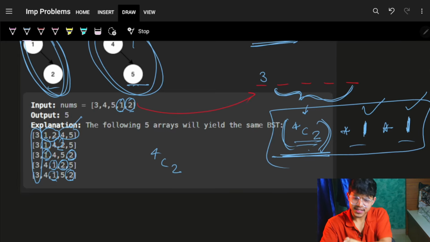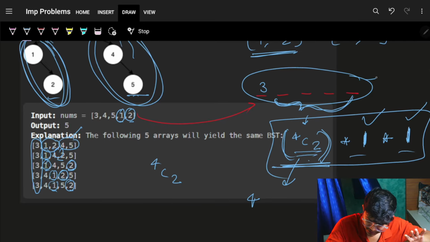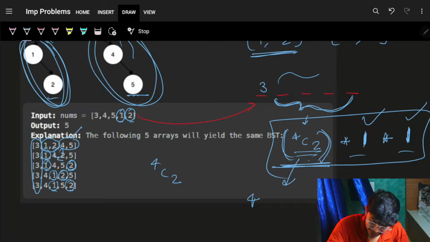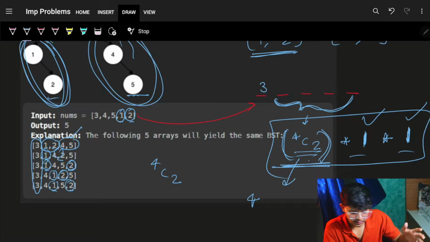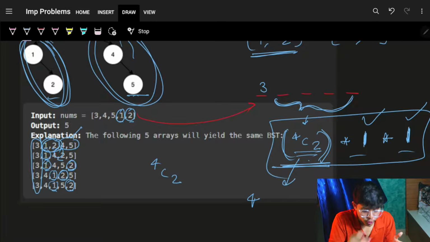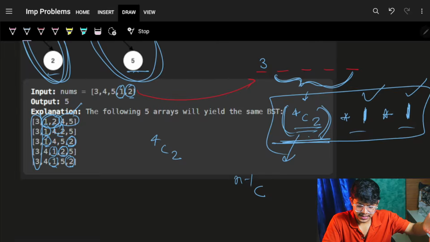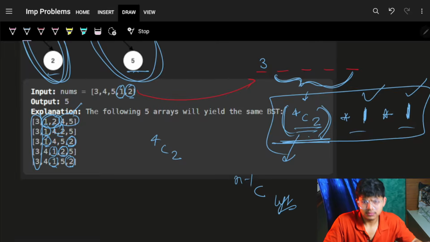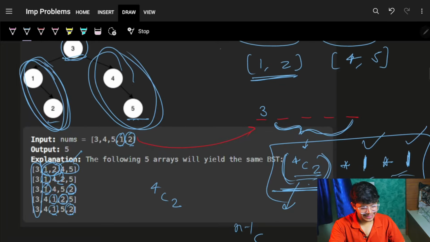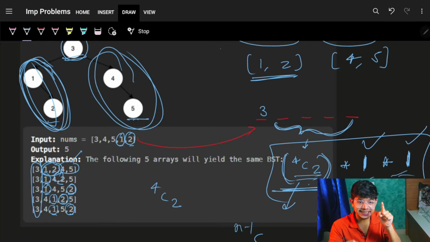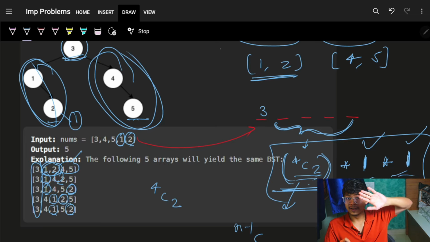Then why not place only, out of the n minus 1, because if you have n elements, the remaining will be n minus 1 elements, and out of that you choose which left elements will come in. Why did you place your 1 and 1 here? Because right now I said this ordering is 1. It can only be ordered in one way, 1 and 2.